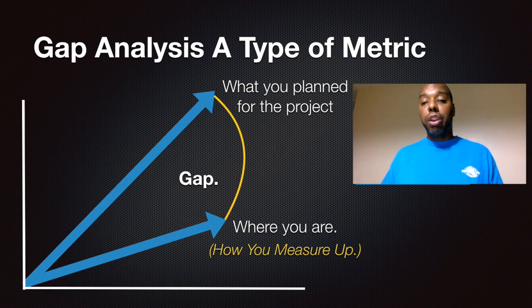And this is just a chart that I hope illustrates it. I made it hoping that it would illustrate just those two points: what you plan for the project and where you actually are, how you measure up to that. The bigger the gap, the worse off you are. The smaller the gap, the better off you are. And you can make minor corrective actions if necessary.